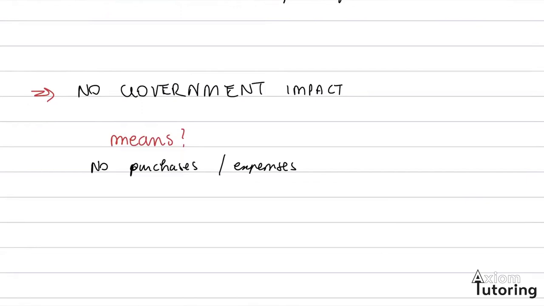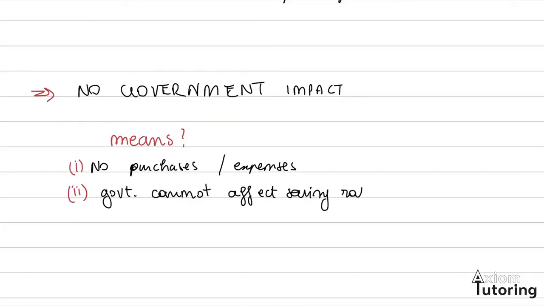It's something that simply doesn't exist in this case. It also means that the government cannot affect, for example, the savings decision. It cannot affect the interest rate. It cannot affect policies, so it cannot affect some parameters such as the saving rate. And this is just an example.